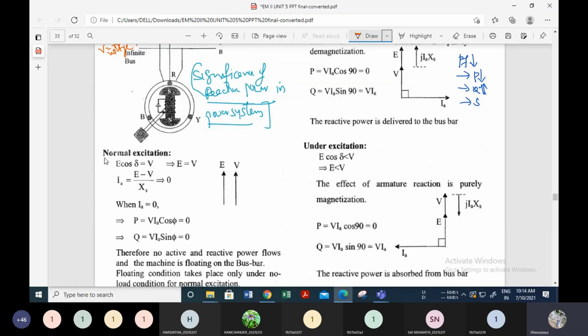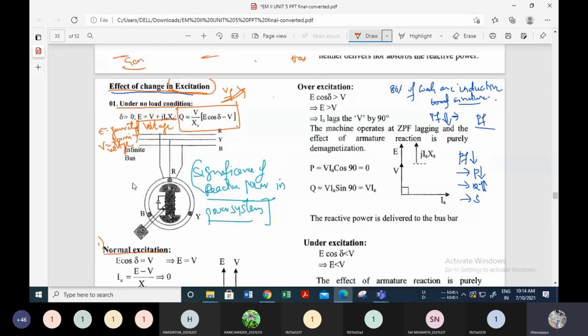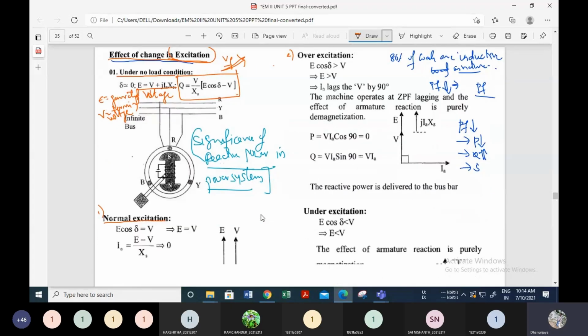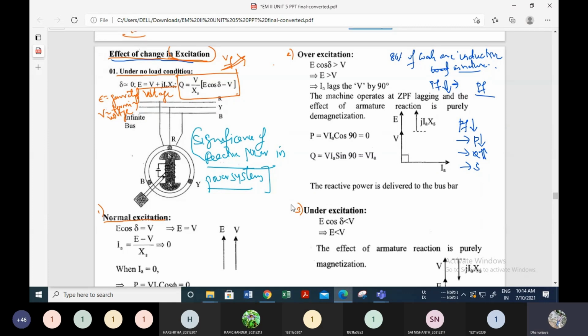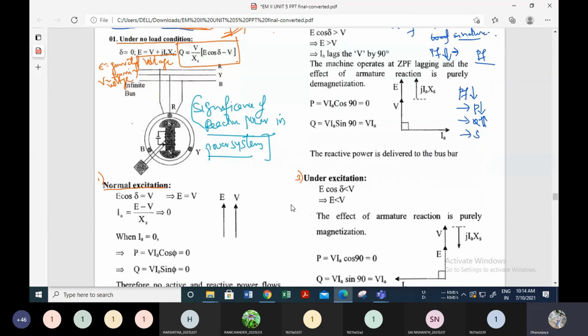Under normal excitation, that is when the excitation is at the normal value, we can categorize, as we discussed in the previous cases, three cases here. One is normal excitation, second is over excitation, and third is under excitation. So under normal excitation, what actually happens here?